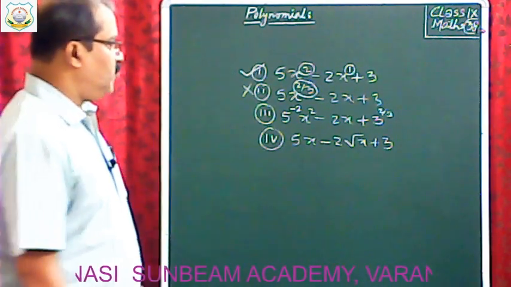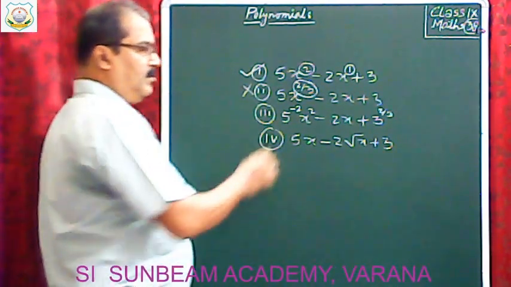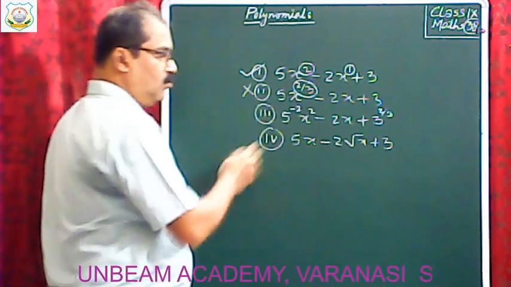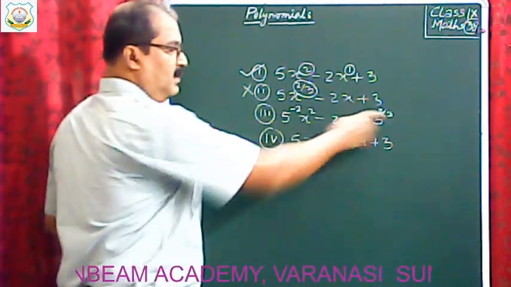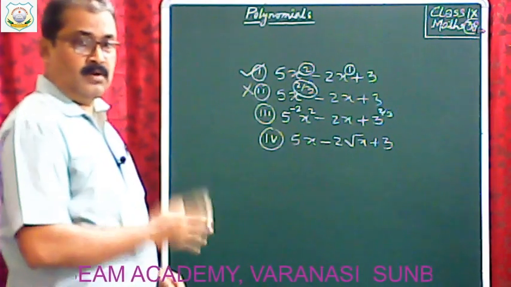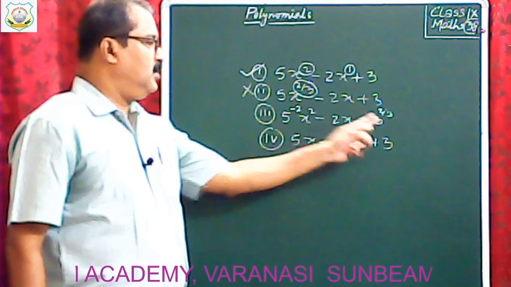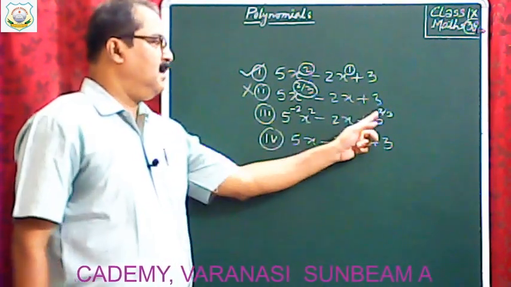Third one you have to check. We have to check the power of variable. Power of constant is minus 2 and 2 by 3.